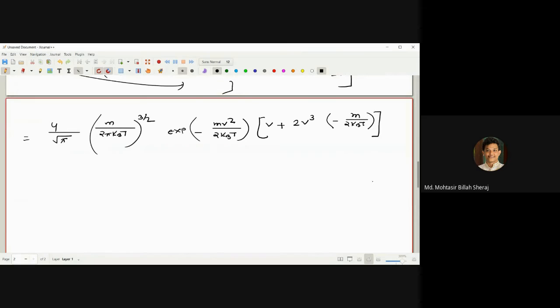So now for Vp the condition is dG(v)/dv equals 0.